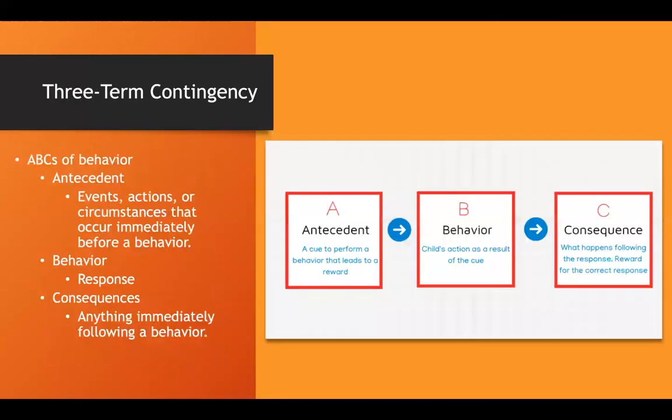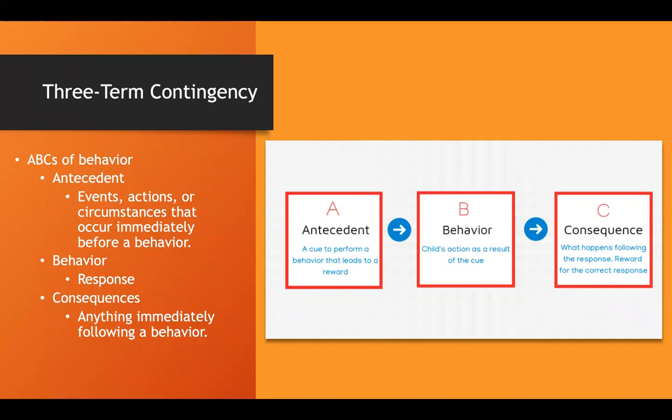So our next slide is about three-term contingency. This is also known as the ABCs of behavior. ABC stands for antecedent, behavior, and consequences. Antecedents are any events, actions, or circumstances that occur immediately before a behavior.